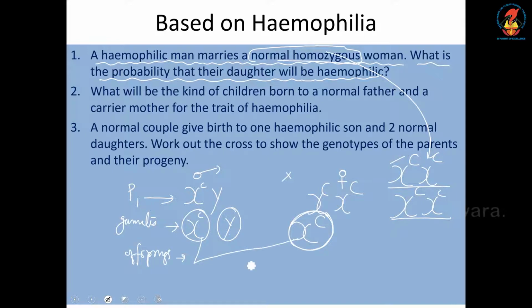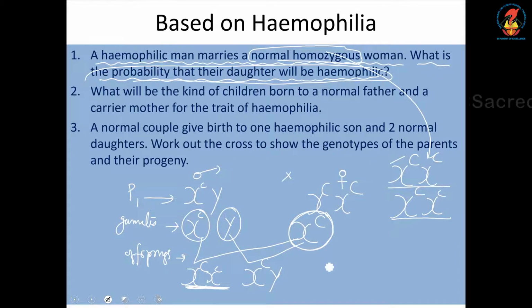This will cross with this gamete, this will cross with this gamete. So here we have X capital C, X small c, and here we have X capital C and Y. Now, what is the probability of the daughter to be hemophilic? Zero probability. No chance, 0% chance.